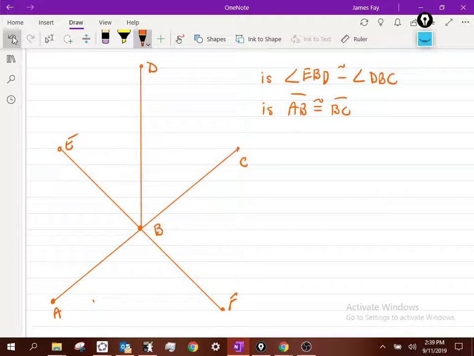Does it look like B is halfway in between? Does everybody see AB and BC? Does B look like it's halfway in between A and C? It does, it looks halfway in between to me. But let's say AC is 10, maybe AB is 5.01, and BC's length is 4.99.